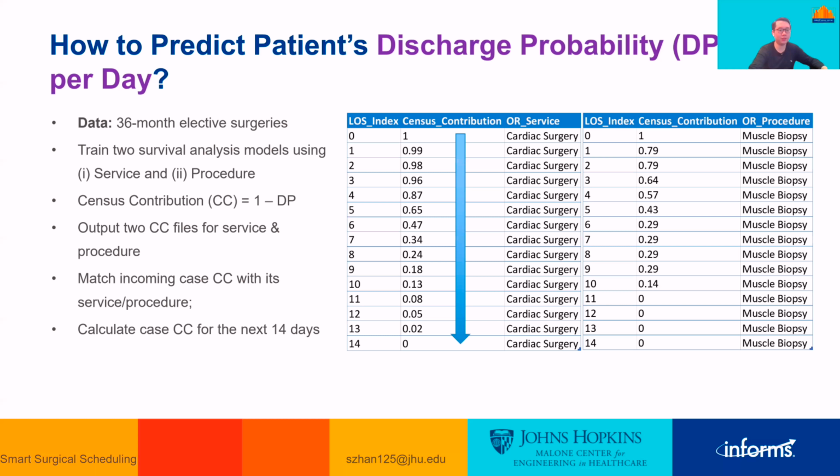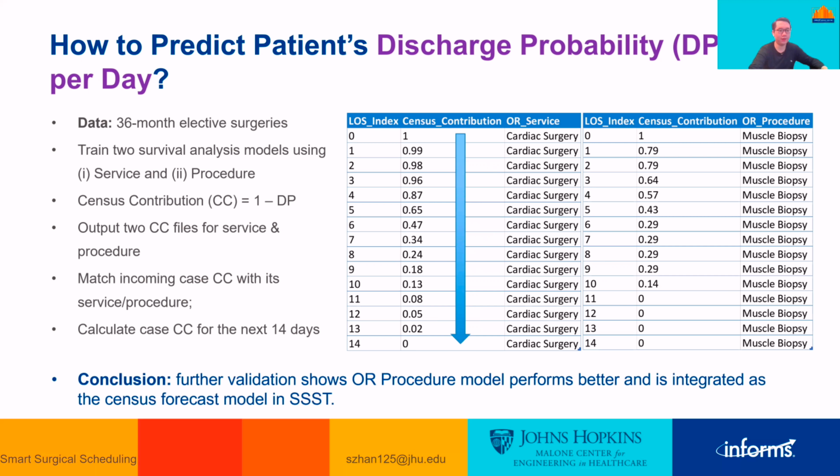And the table for procedure muscle biopsy is similar. Later, we can match the incoming surgical case census contribution with its service or procedure, and after we determine the surgery date in the scheduling model, we can calculate its census contribution in the next 14 days. The further validation shows our procedure model performs better and is integrated as the census forecast model in SSST.